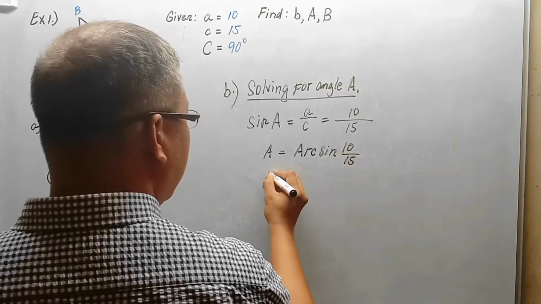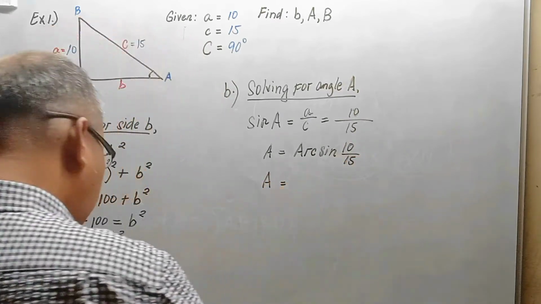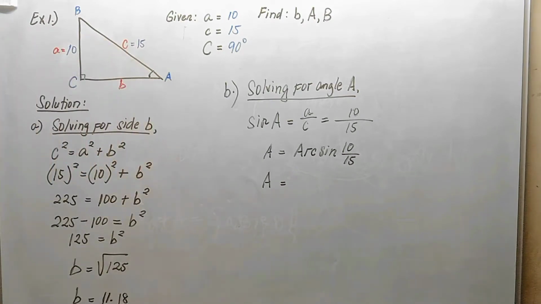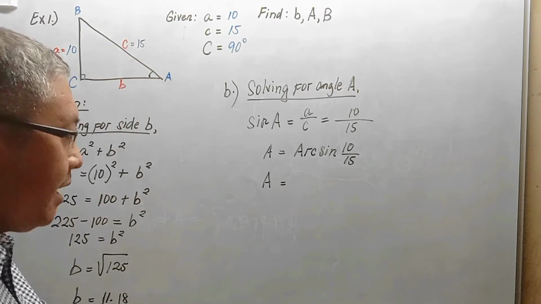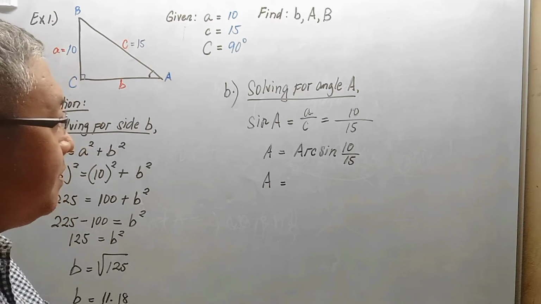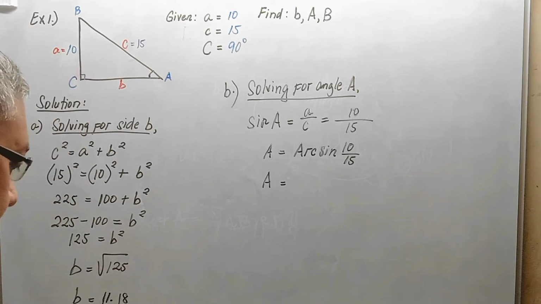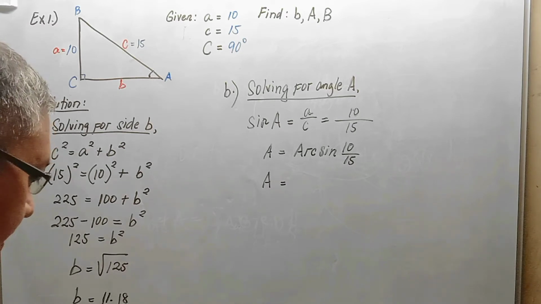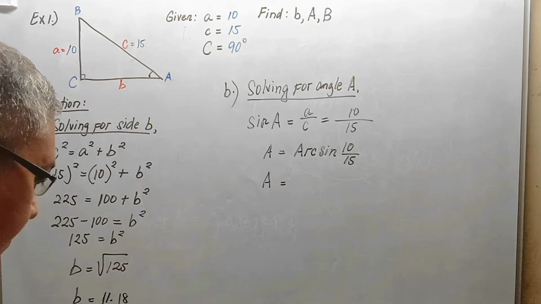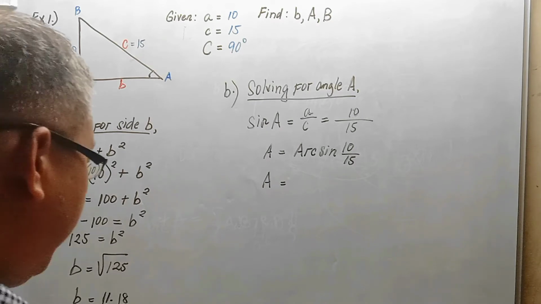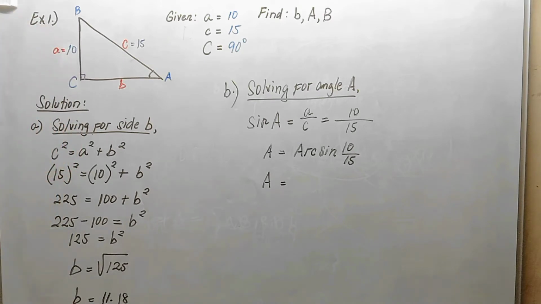So A will be, now using the calculator, we can find the angle value of A. So 10 divided by 15, then inverse sine, equal to 41.81.